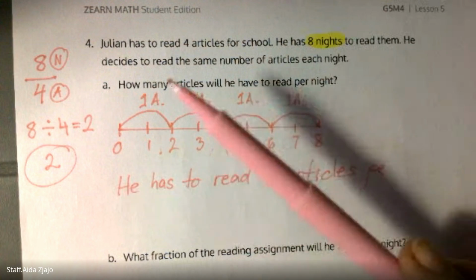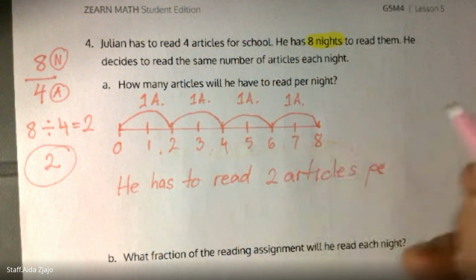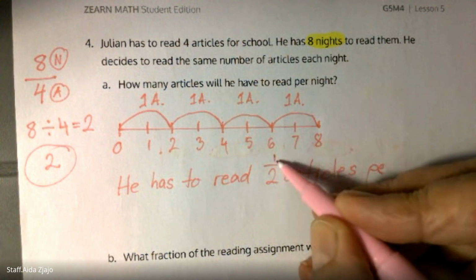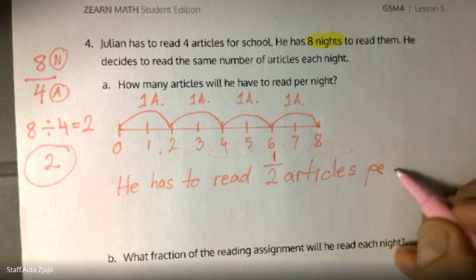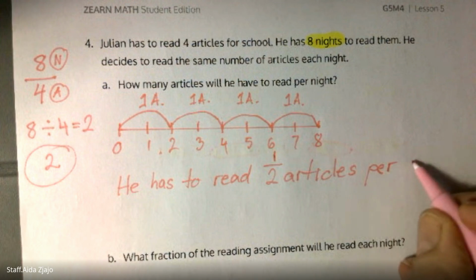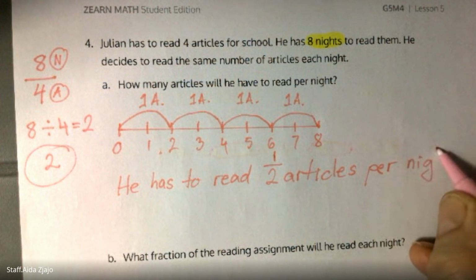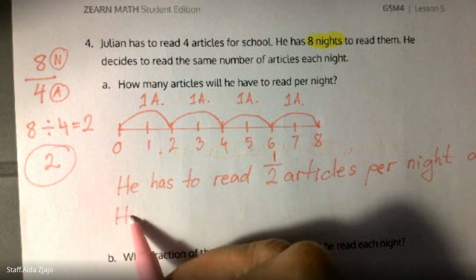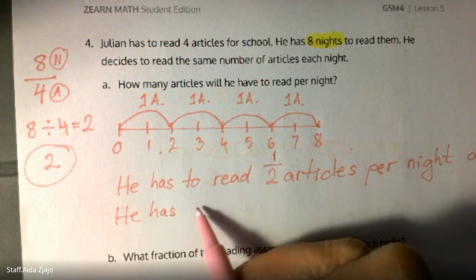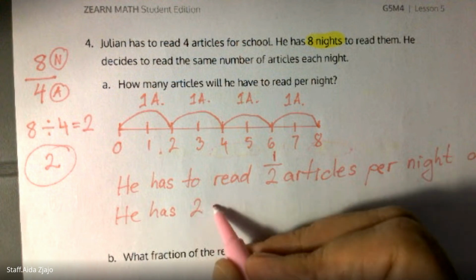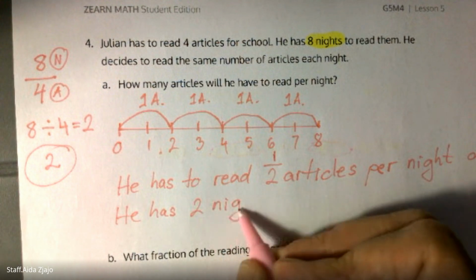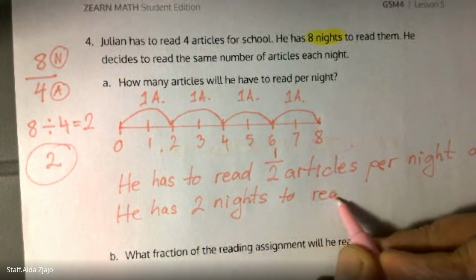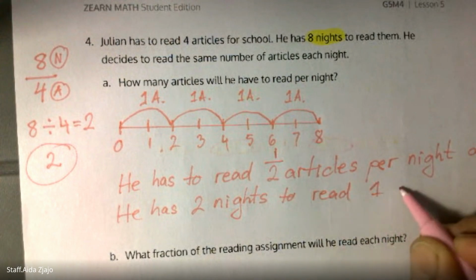So if it's one night, he needs to read half an article per night. Half an article per night. Or we can say he has 2 nights to read 1 article.